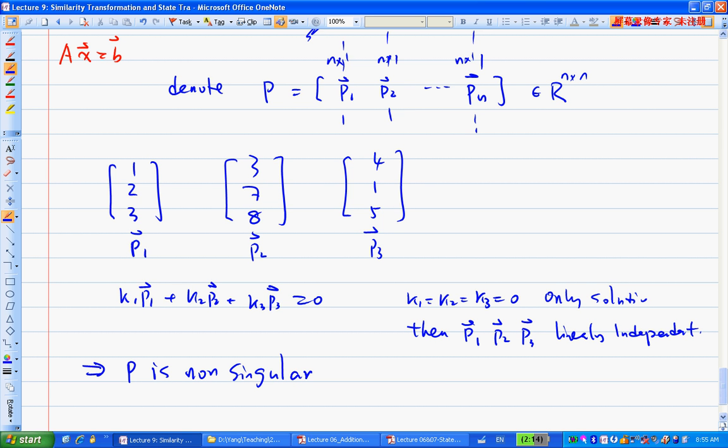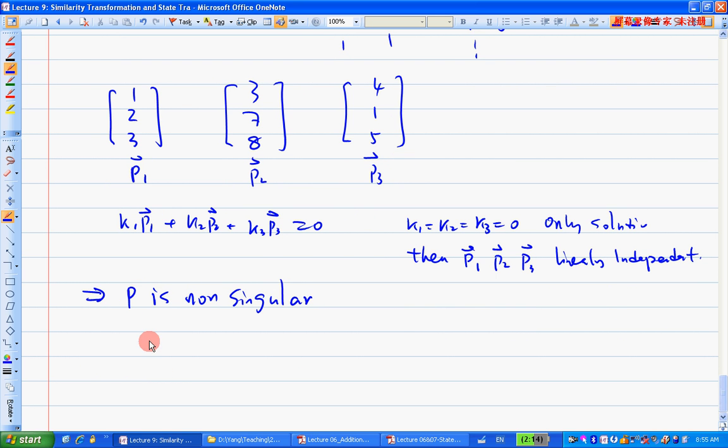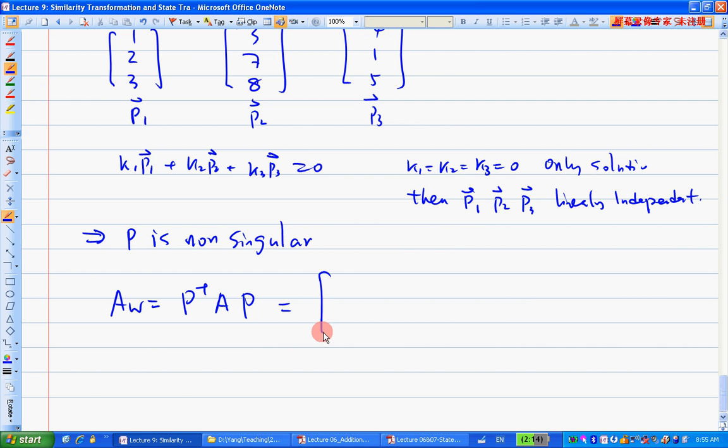If I do this, P inverse A P, using this P to do the similarity transformation, I get a new matrix, A tilde. And you will see that by this choice of P, the new matrix is a diagonal matrix.